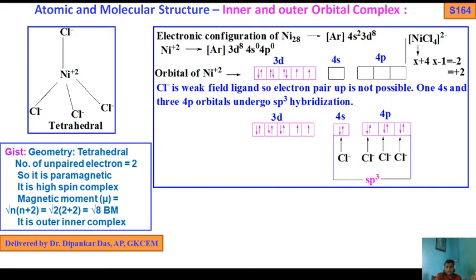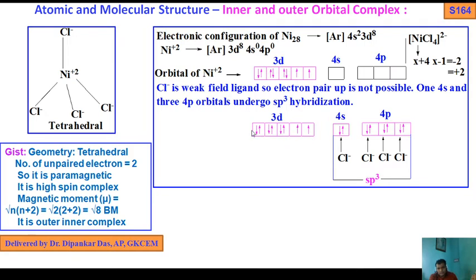How? Cl- is a weak field ligand, so electron pairing is not possible. One 4s and 3 4p orbitals undergo sp3 hybridization, because we need 4 vacant orbitals: one comes from 4s and 3 come from 4p. Now each Cl- donates an electron pair to these orbitals.